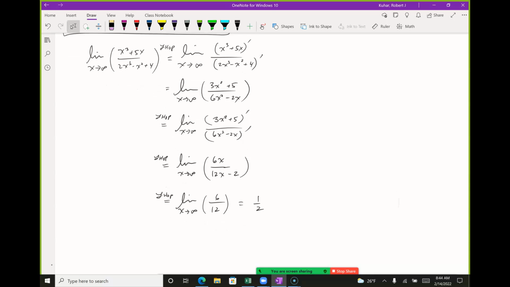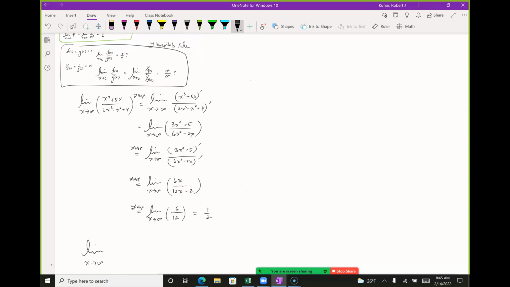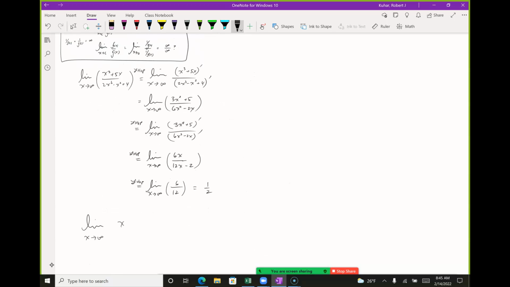Right. So another version of this same limit is to use this theorem that we had, that the limit of 1 over x to the n goes to 0. So let's look at this limit one more time here. The limit as x goes to infinity of x cubed plus 5x over 2x cubed minus x squared plus 4.